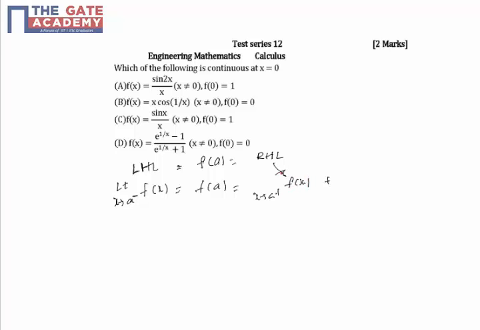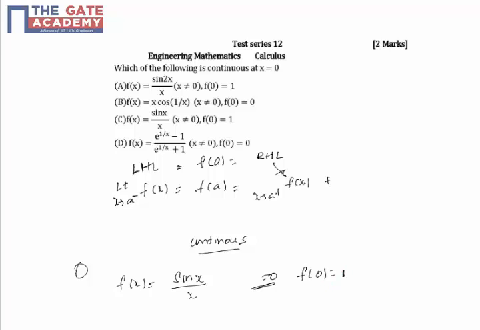This is the right hand limit. So if the three values are the same, then the function is known as continuous. Now if we take option C, it's f of x is equal to sin x by x. In order to check whether the function is continuous at x is equal to 0, the value is straight away given, f of 0 is equal to 1.